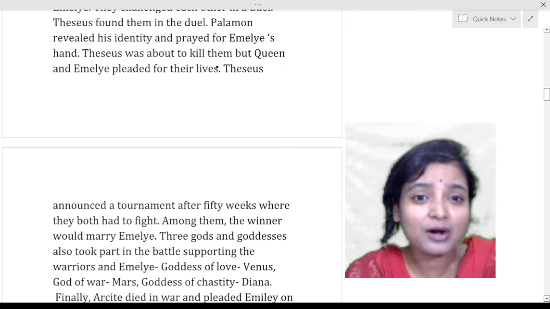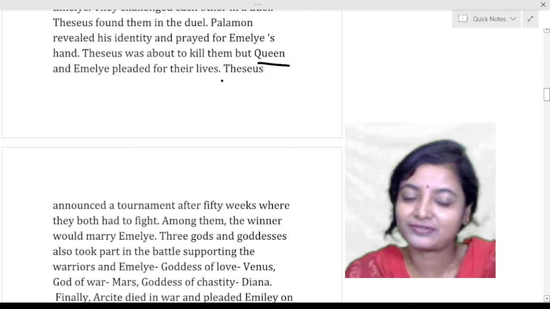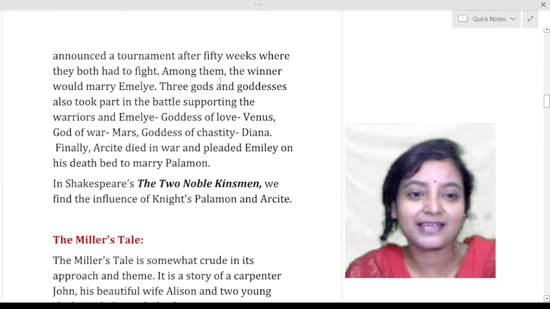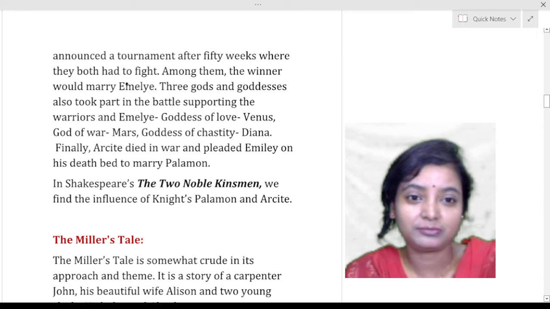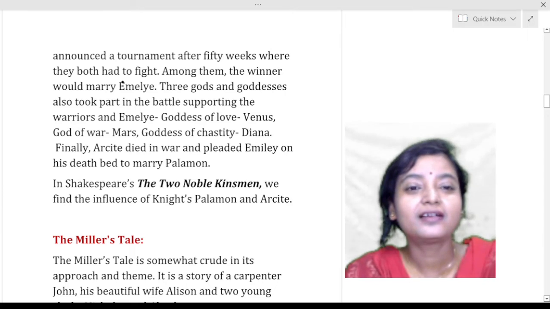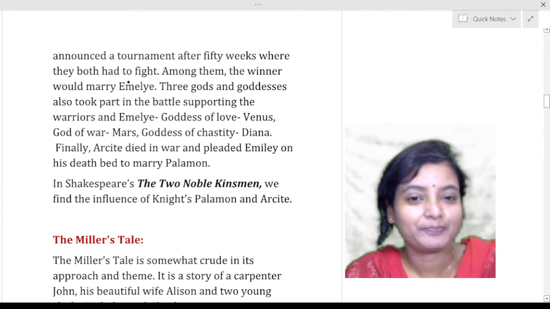Theseus was about to kill them, but the Queen and Emily pleaded for their lives. Theseus announced a tournament after 50 weeks where they both had to fight for the hand of Emily. And whoever is the winner can marry Emily.